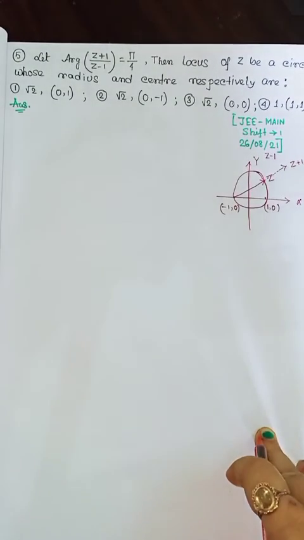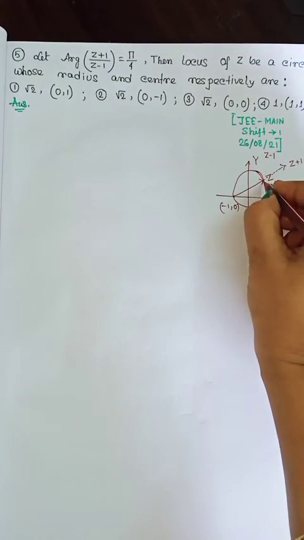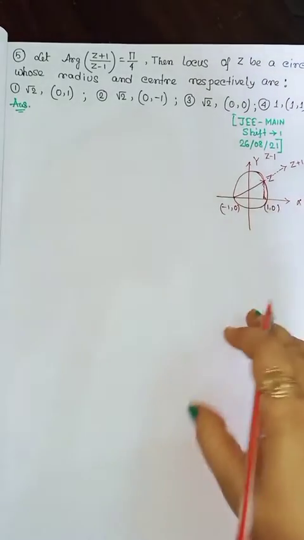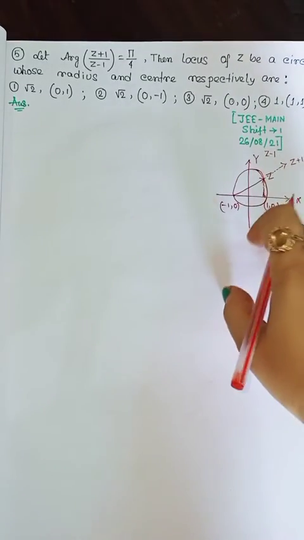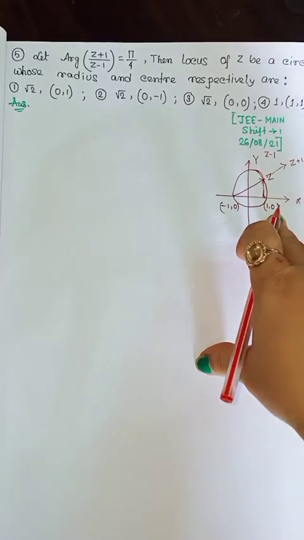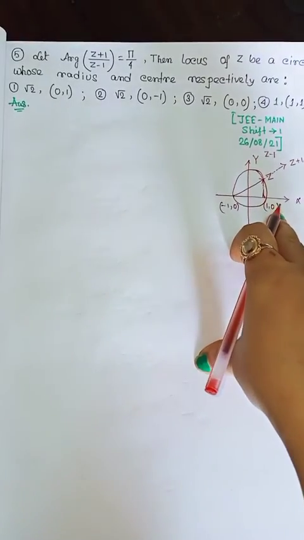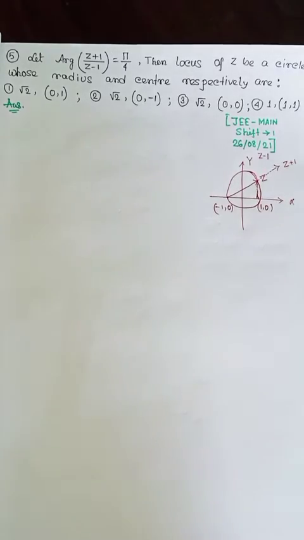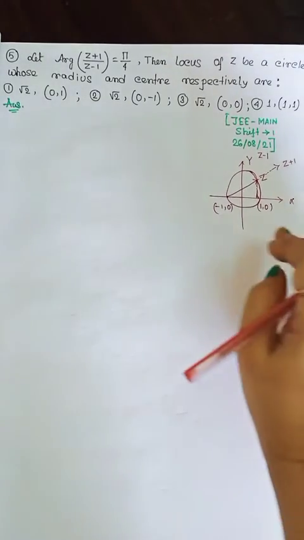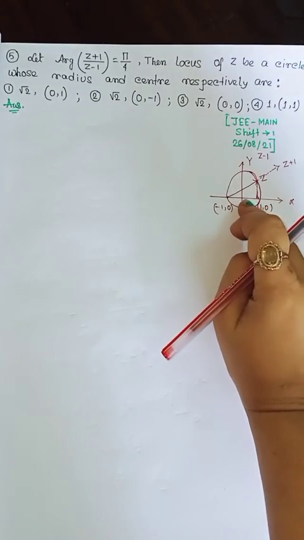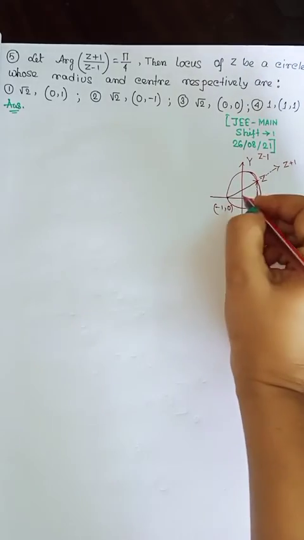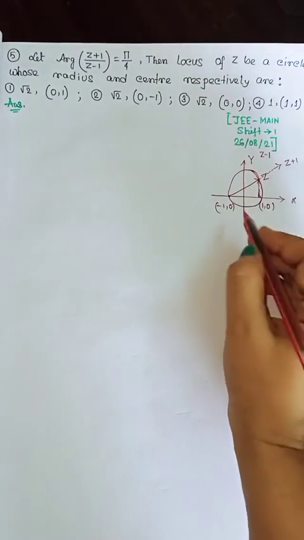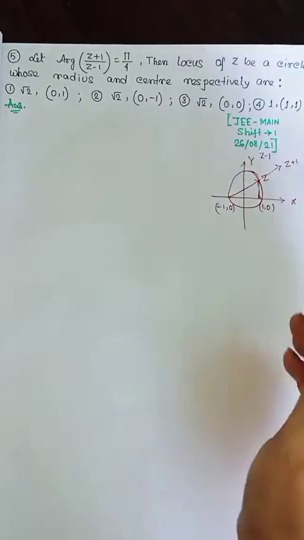Now if you join the points, this one is perpendicular, and the major arc is toward the positive direction, but the picture doesn't satisfy the condition, as this angle is not pi by 4. So picture 1 is not satisfied with the condition.